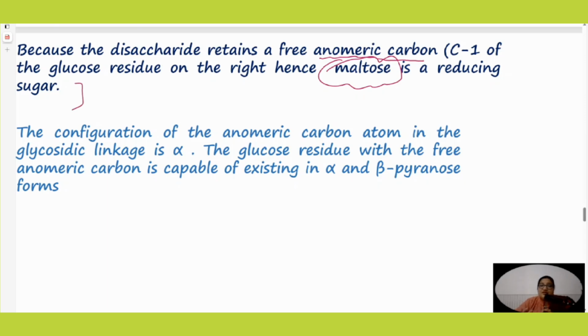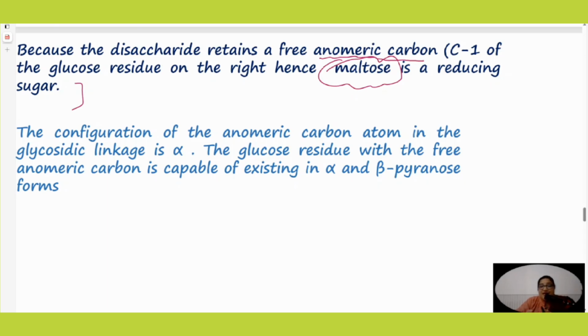Reducing sugars are the sugars that contain a free aldehydic group at carbon atom 1 of the glucose residue, and moreover they can reduce Fehling reagent and Tollens reagent. So even monosaccharides are mostly reducing in nature, but not all disaccharides are reducing.